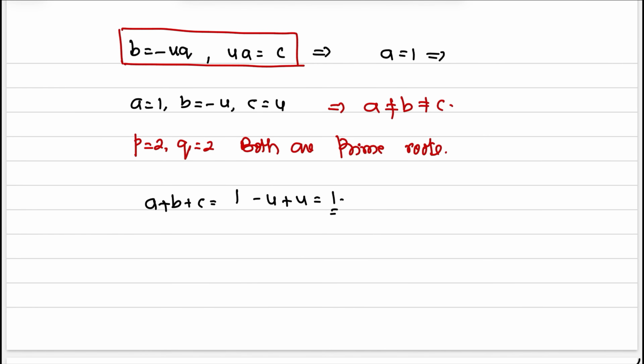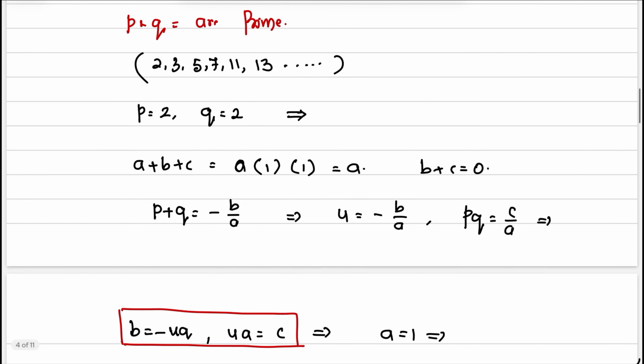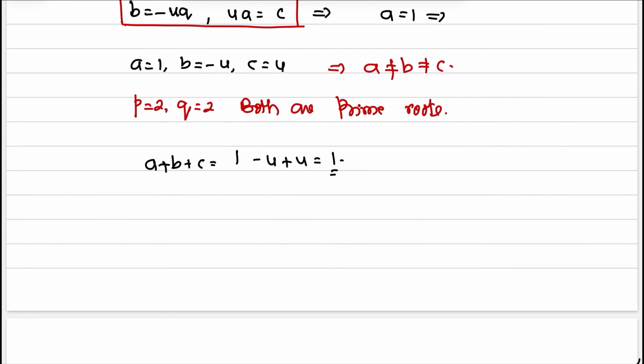Let us say A is equal to 2. This is for P is equal to 2 and Q is equal to 2. Here we had taken A is equal to 1. Now P is equal to 2, Q is equal to 2 and A is equal to 2. What happens? B is equal to minus 8, C is equal to 8.